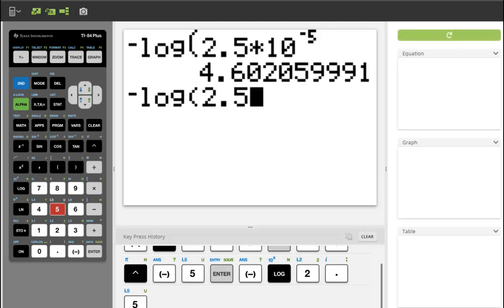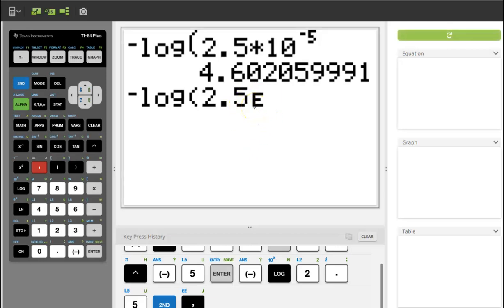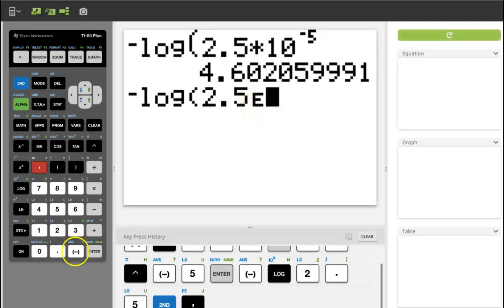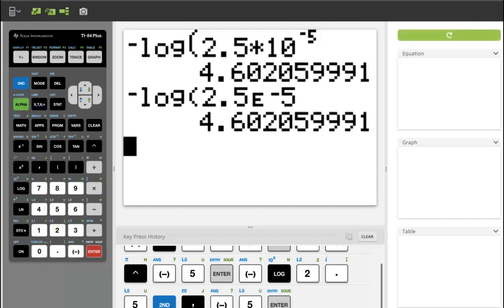Okay, so I'll push second comma, and it just brings up one E. And all I need to do is type the exponent of -5. And there we go. So it saves me typing in the times 10 to, and then the power button. I just type in the power after that. Okay, so not a huge time saver, but a little bit. If you're doing a lot of them, that might save you some keystrokes there.